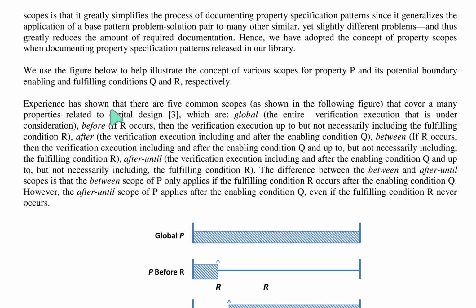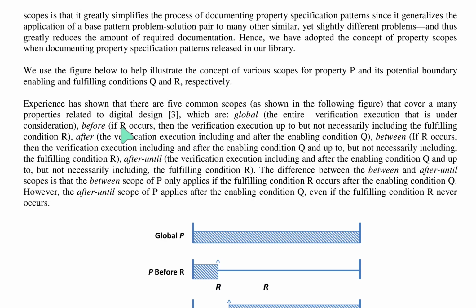Experience has shown that there are 5 common scopes, as shown in the following figure, that cover many properties related to digital design. Global: the entire verification execution under consideration.